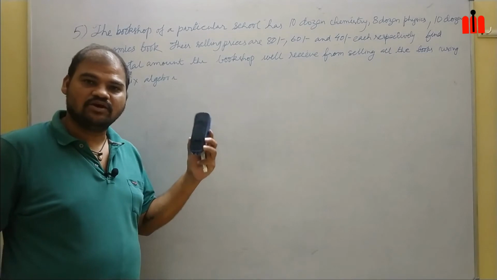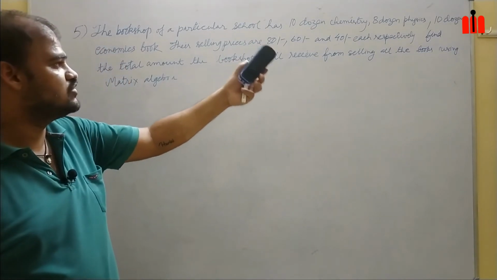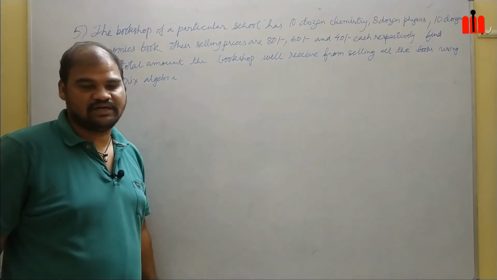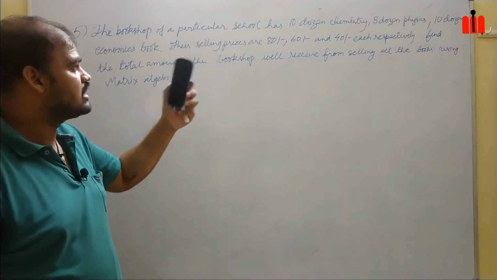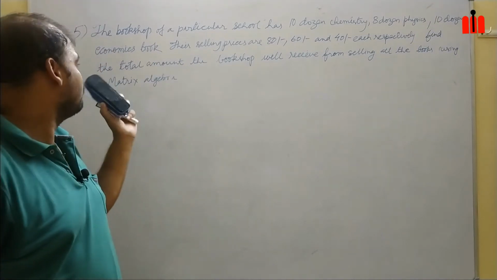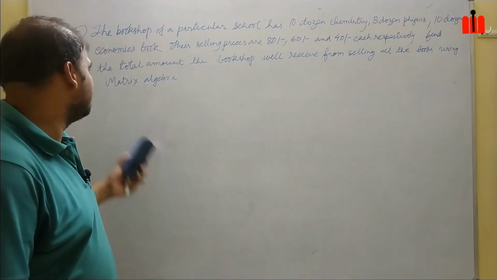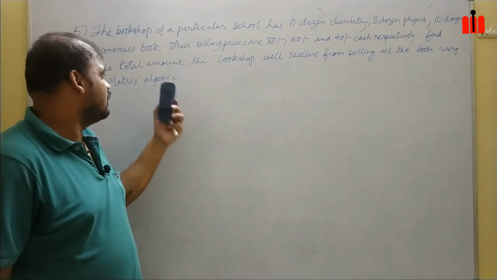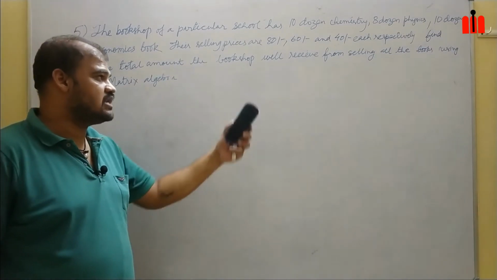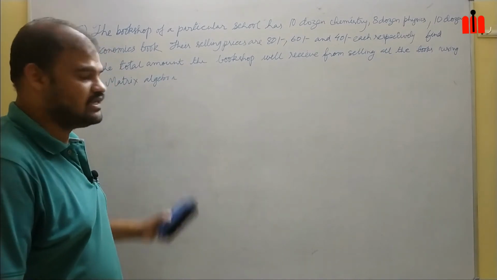The selling prices of each book are 80 rupees, 60 rupees and 40 rupees respectively. So 80 for chemistry, 60 for physics and 40 for economics. Now find the total amount the bookshop will receive after selling the books using matrix algebra.